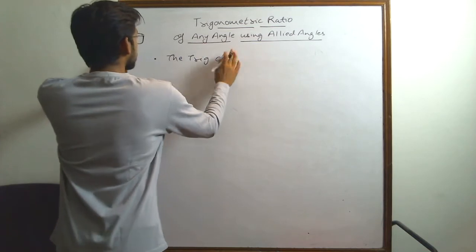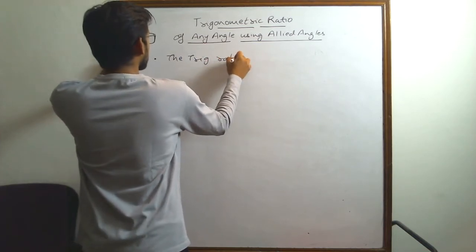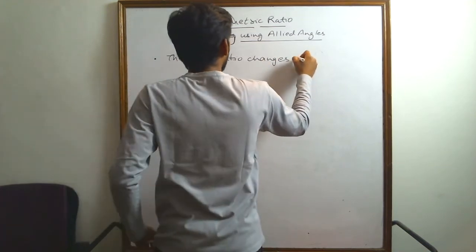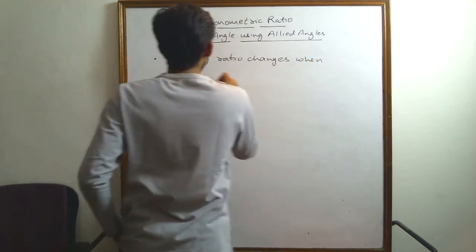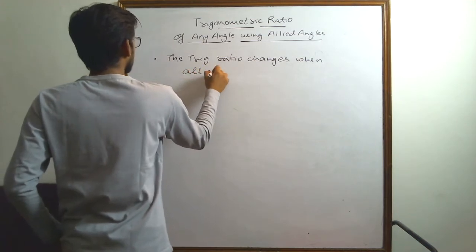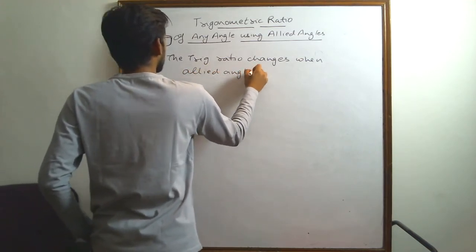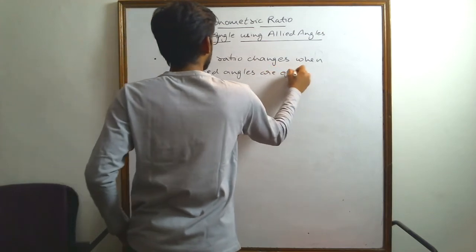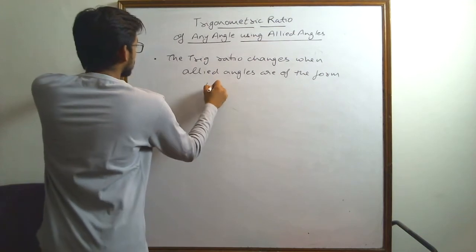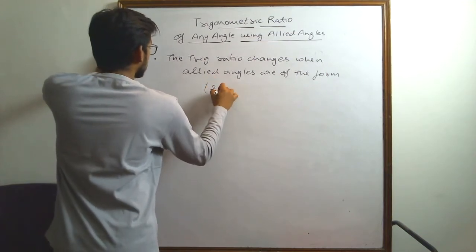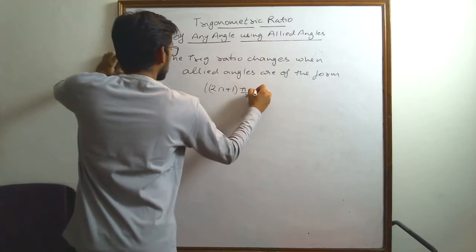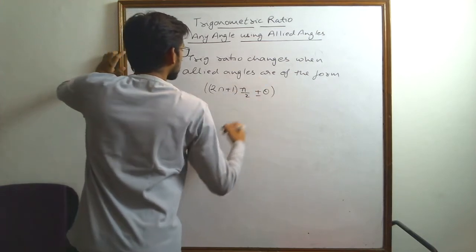The two rules that are used to write the allied angles formula are: first, the trigonometric ratio changes when allied angles are of the form 2n plus 1 into pi by 2 plus minus theta.